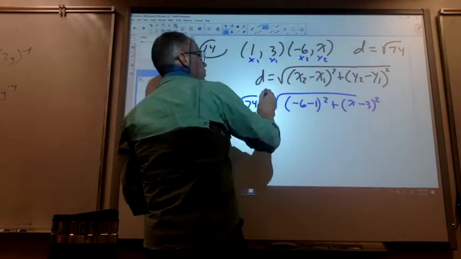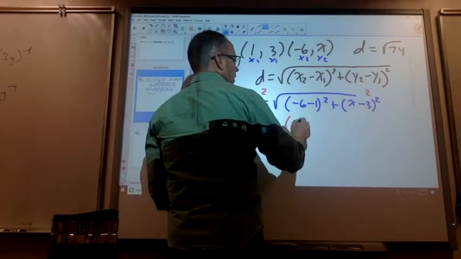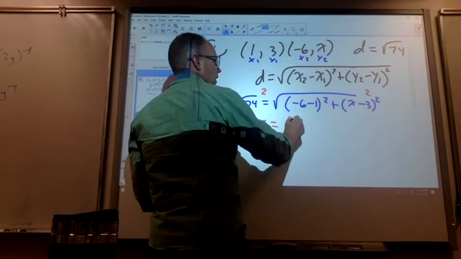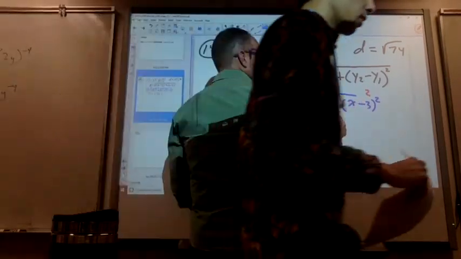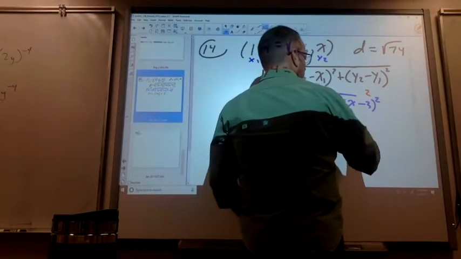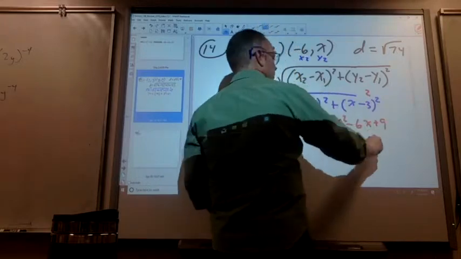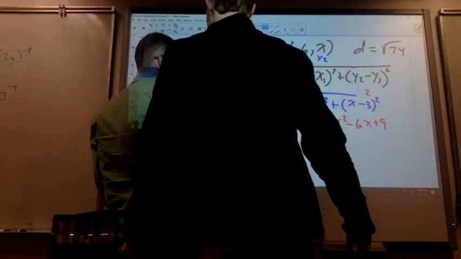So from there, you square both sides, get rid of the radical. And then you get, that's going to be, what, 49 plus x squared minus 6x plus 9. Is that right? Let's start combining like terms.